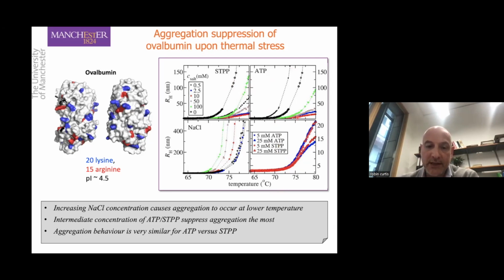But what you see is that in a concentration range of 5 to 20 millimolar, ATP and STPP are very effective at reducing the aggregation. And what's happening here, when you do the analysis, is that they're not actually preventing aggregates from forming, but they're slowing down the aggregate growth rates. And really the colloidal stability relates to the aggregate growth rates, not the aggregate formation rates.